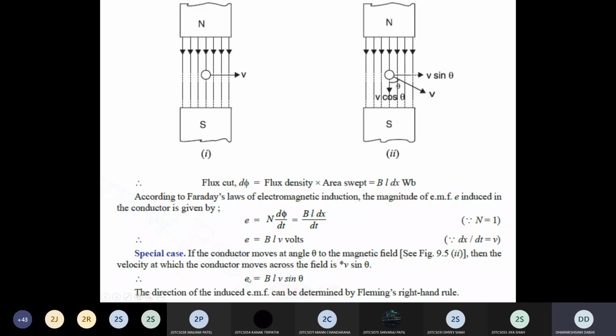So the equation of induced EMF becomes BLV sin theta. All of you clear this concept of dynamically induced EMF, the EMF equation in terms of flux density, length and velocity? Yes or no? Yes, sir.